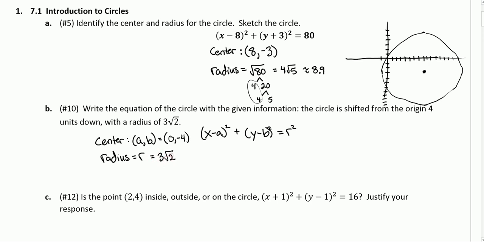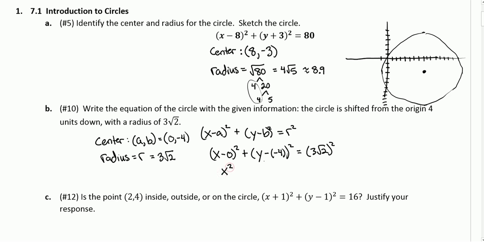And our radius is given at 3 root 2. So we plug in our values, and we get x minus 0 squared plus y minus -4 squared is equal to our radius, 3 square root 2 squared. And we just need to simplify this a little bit.